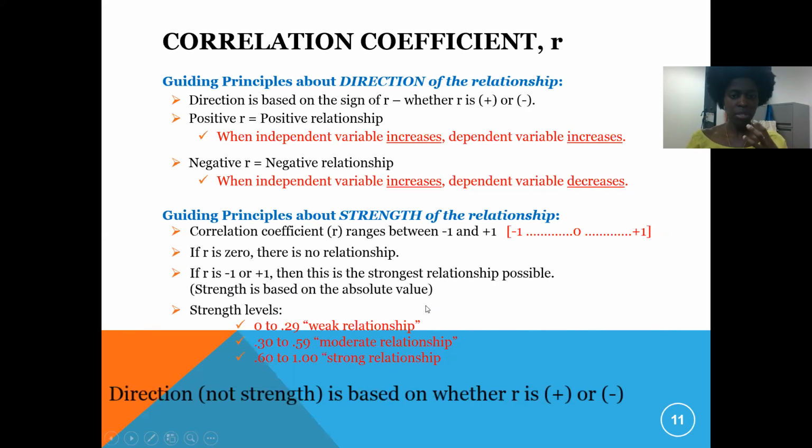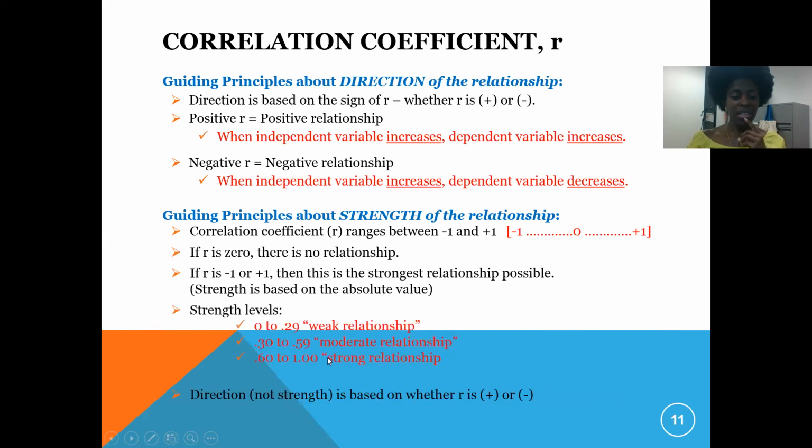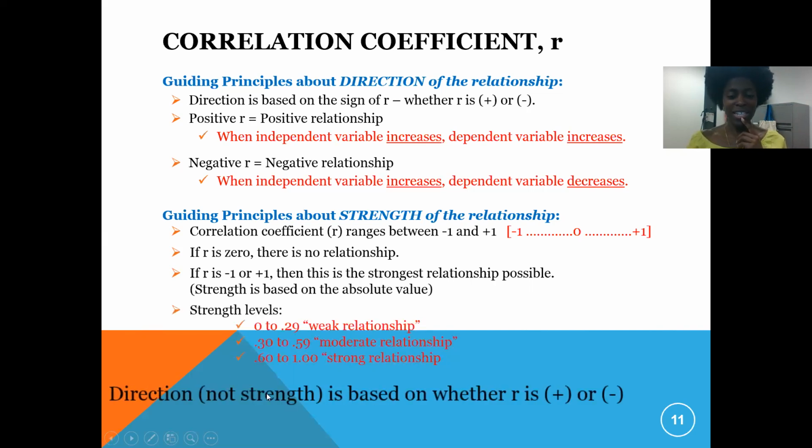So if the number is -0.25, then the direction might be negative, but the strength, 0.25, we know is weak. I put this here in shrinking text because it's critically important that we understand the difference between strength and direction. Direction only has to do with whether a number is positive or negative.